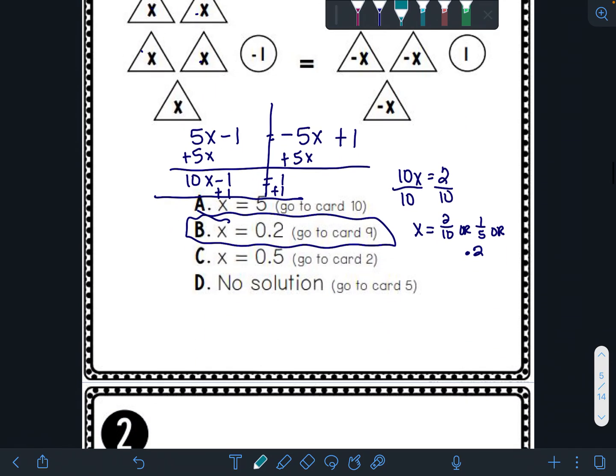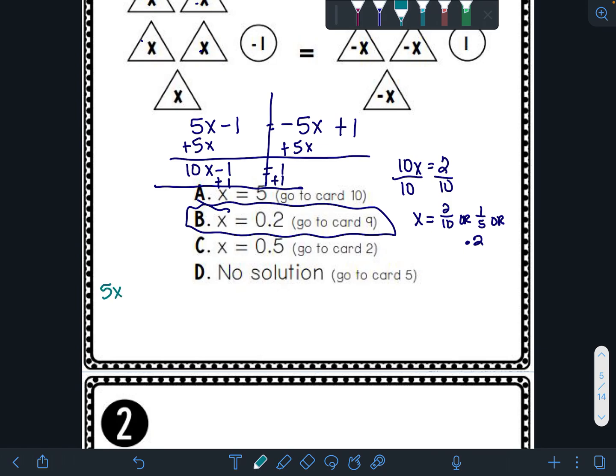So what that means is I have my equation 5x minus 1 is equal to -5x plus 1. If I substitute what my value, I said that x was 0.2. So I basically have 5 times 0.2 minus 1, -5 times 0.2 plus 1.